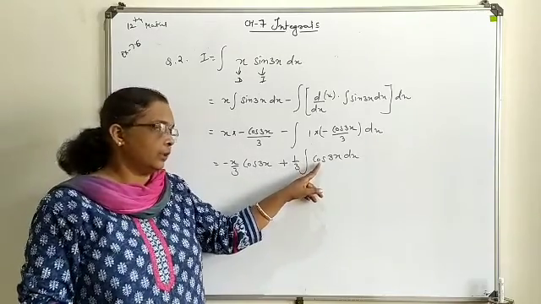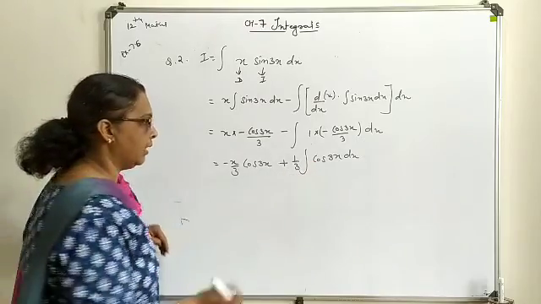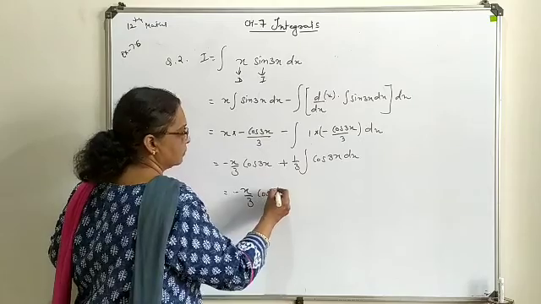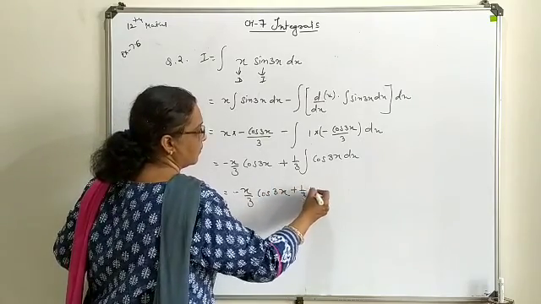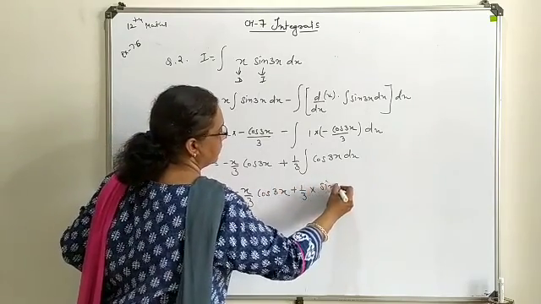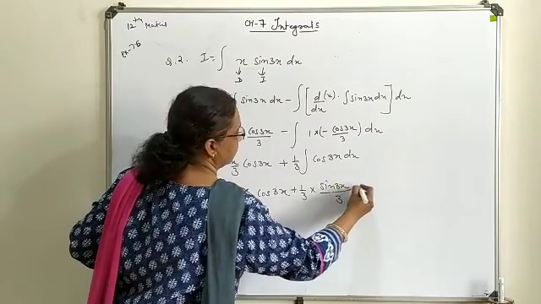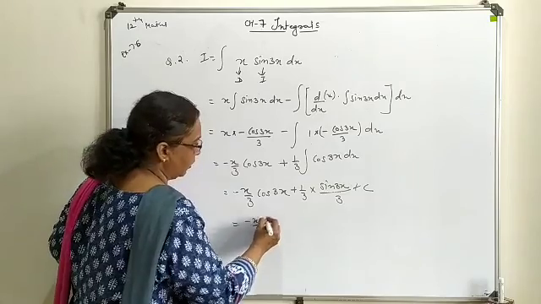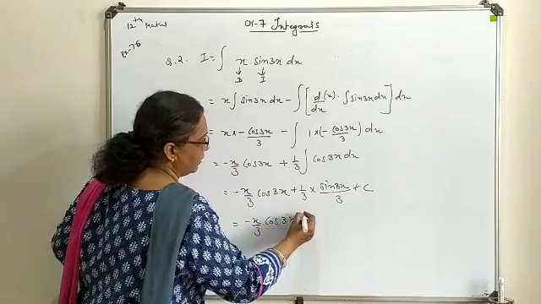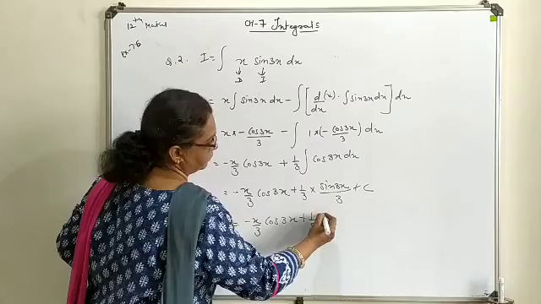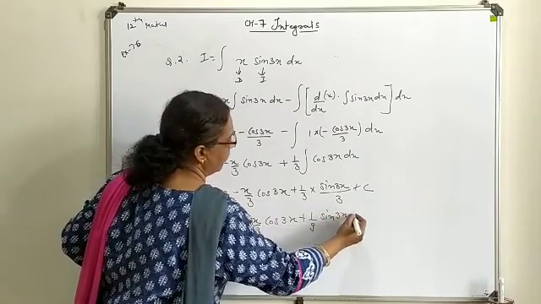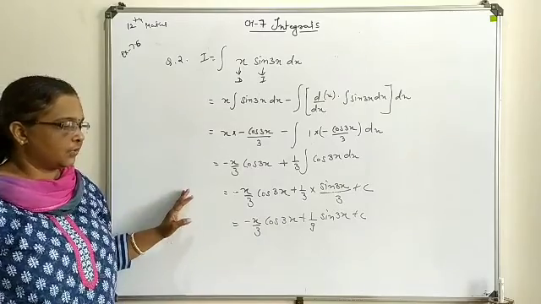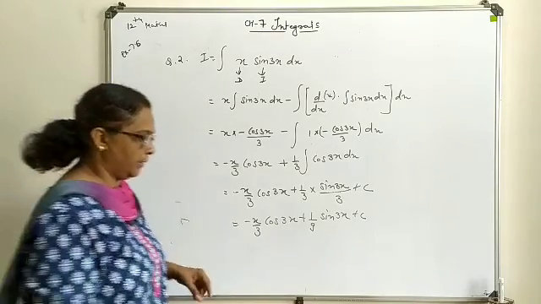So proceed about the integration of this remaining term, that is a single one only. This will be sine of 3x over 3 constant. These two are to be multiplied. So this is minus x upon 3 cos of 3x plus 1 upon 9 sine of 3x plus c. So this way this situation is to be handled.